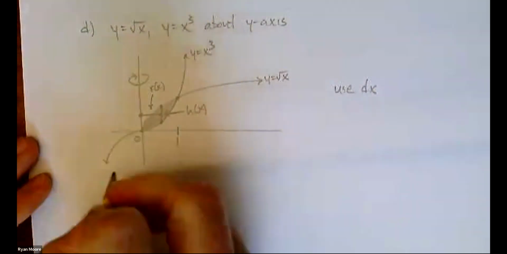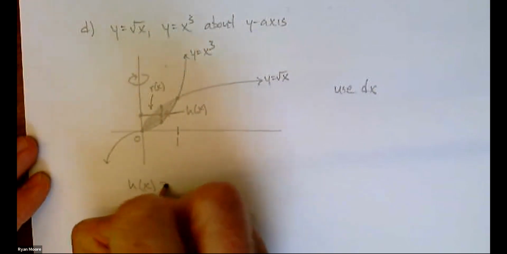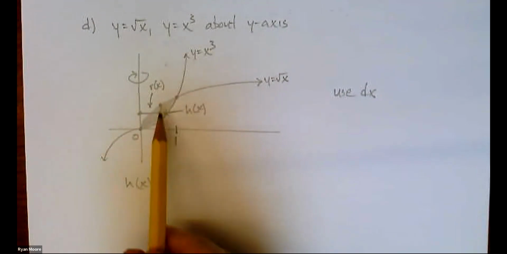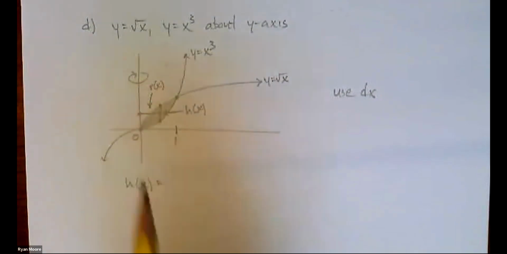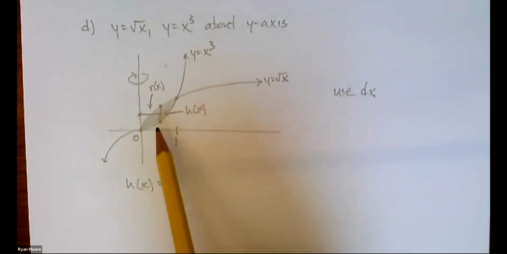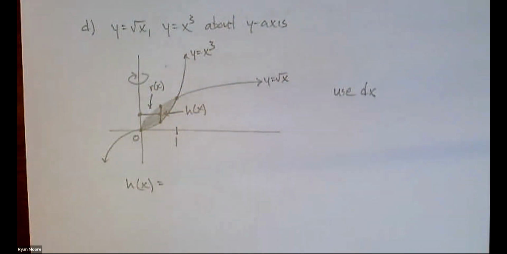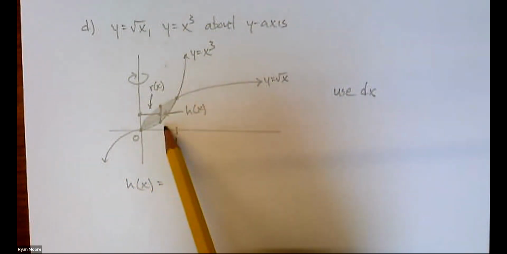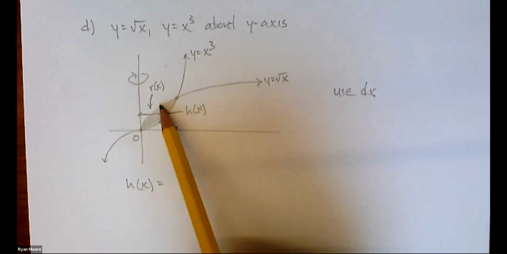Let's think about h of x. Now this one's a little bit different because we're not drawing our height all the way back down to the x-axis. How's this going to work? It's just the part between. So what we're going to do is a top minus bottom, right? The distance to the upper function is square root x.